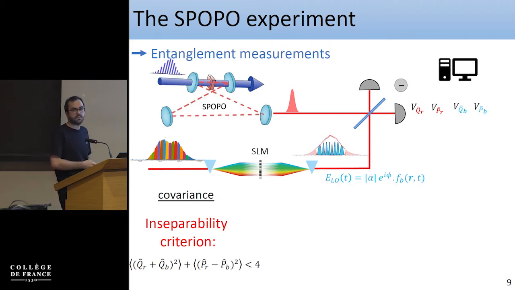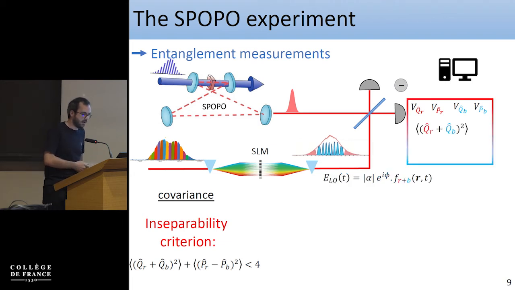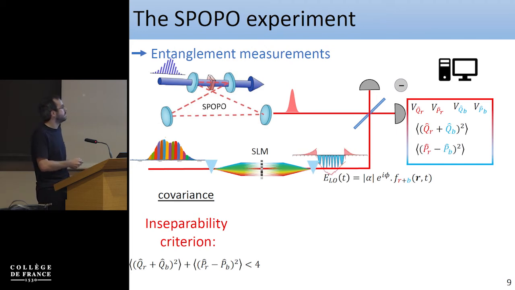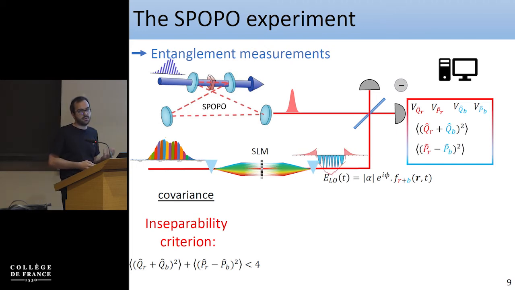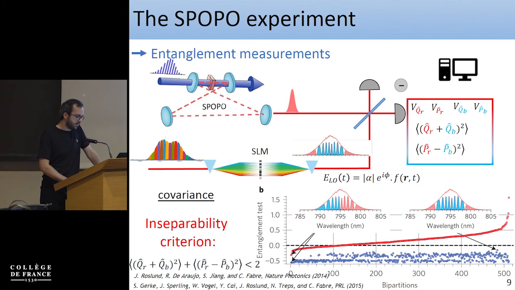Then I shape with the other part and measure the blue variance term. After that I take the sum and the difference to get access to this term, and I can calculate my separability criterion. So this is the result we have.